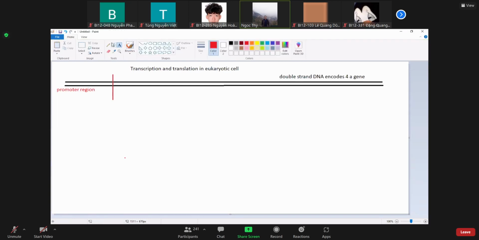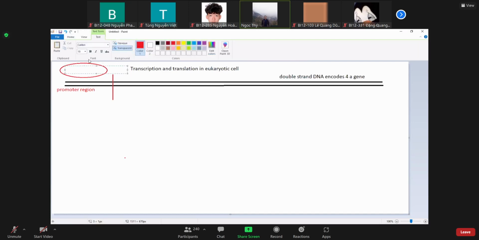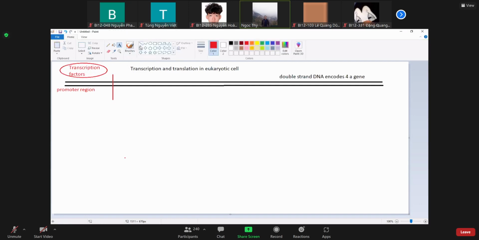And as the promoter region, the transcription factor will bind in here and start to synthesize.